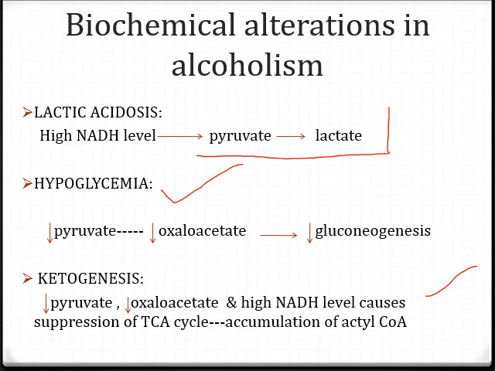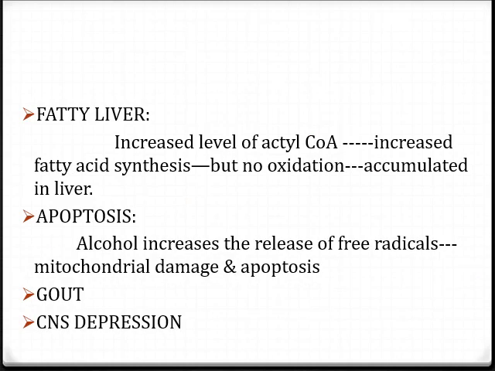There will be accumulation of acetyl coenzyme A. This increased acetyl coenzyme A can cause ketosis, as we told initially, and also lead to increased fatty acid synthesis, but at the same time there will be inhibition of beta oxidation and also the TCA cycle.